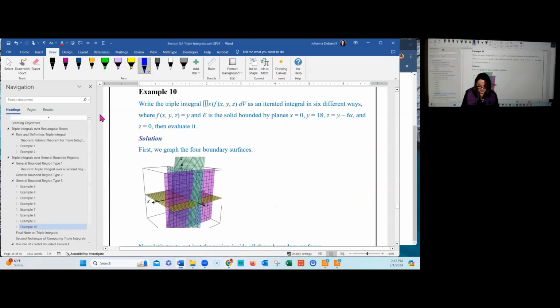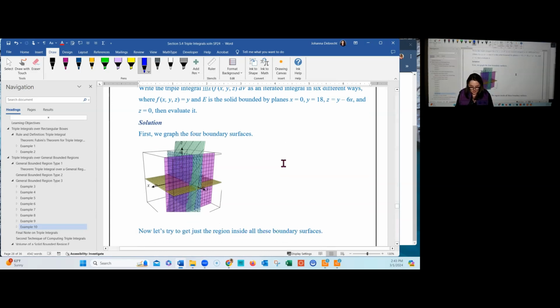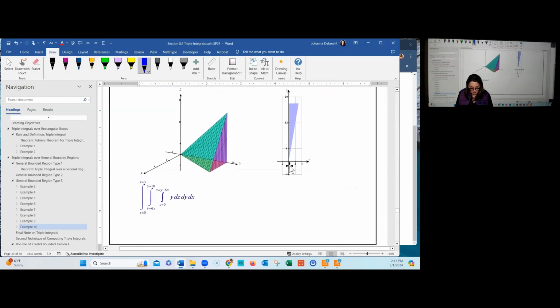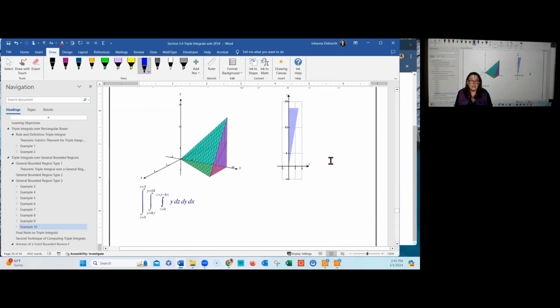Now let's go ahead and talk about how to integrate the function f of x, y, z equal to y across that restricted domain. Now that we have the restricted domain and we have an example of what it looks like, since we projected into the XY plane to get our region plotted, we can go ahead and integrate with respect to z first.